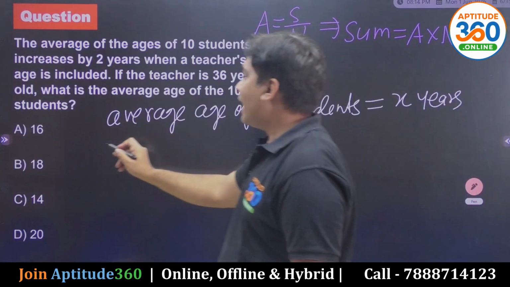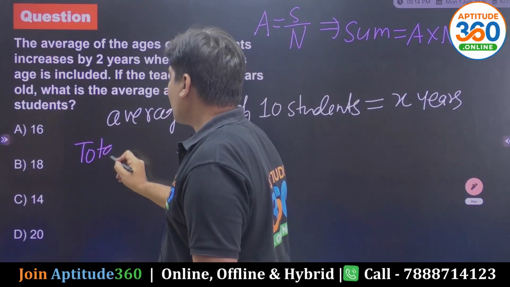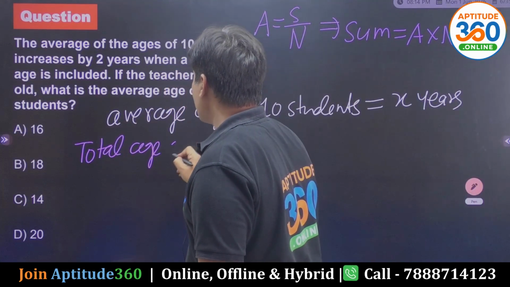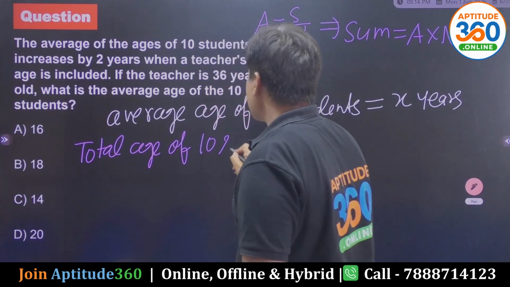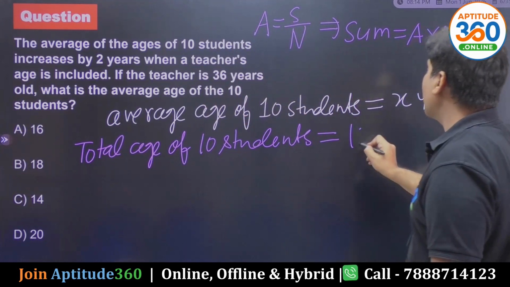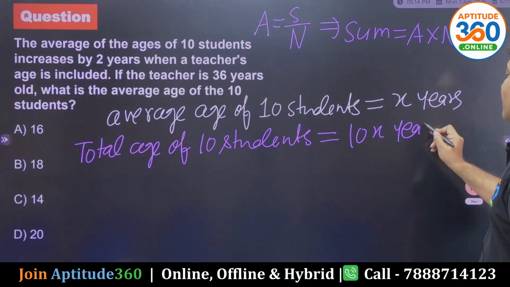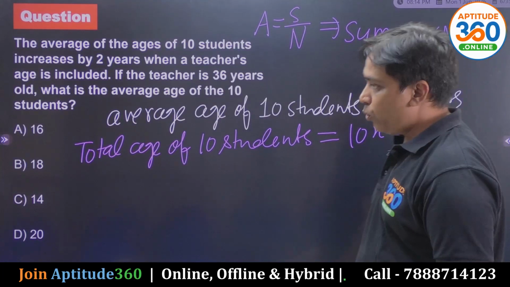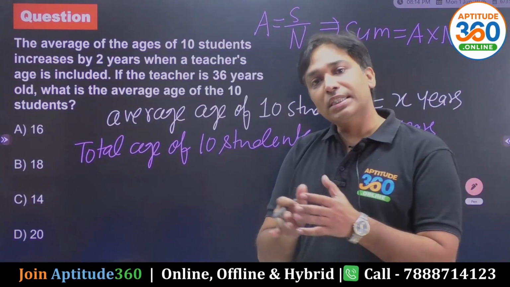So can I say that total age of 10 students, this certainly is going to be what? 10x years. And then we need to include the age of the teacher here.